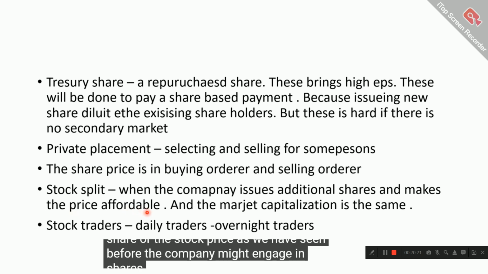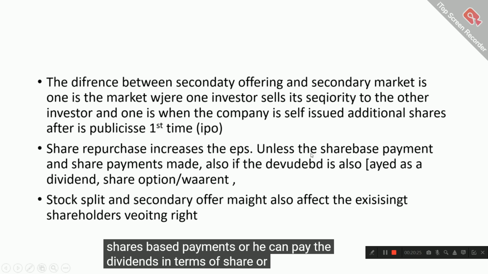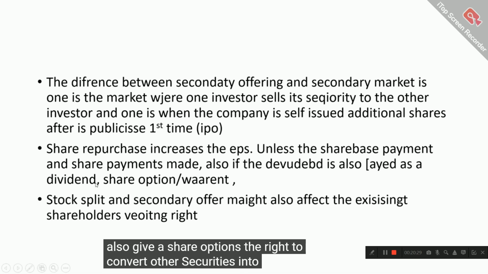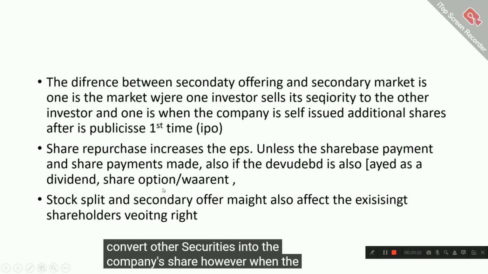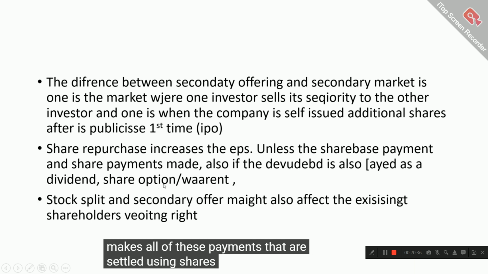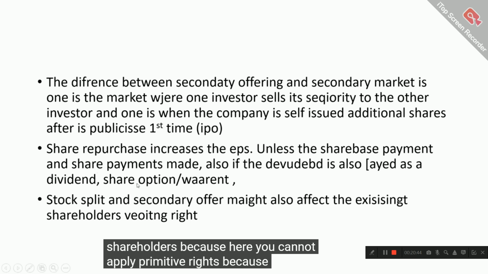However, when the company makes all of these payments that are settled using shares, it might dilute the voting rights of the existing shareholders, because here you cannot apply preemptive rights, because preemptive rights are given when the company sells its shares. But now the company is not selling its shares, rather it is settling different payments using its shares.